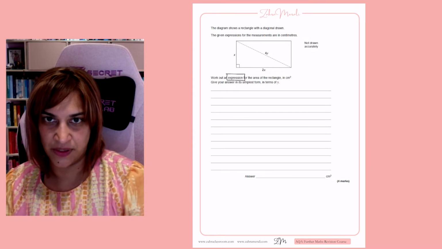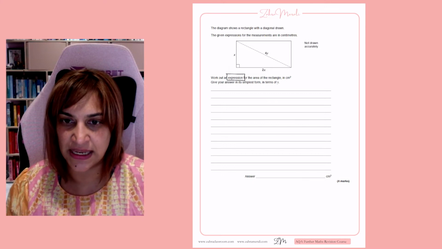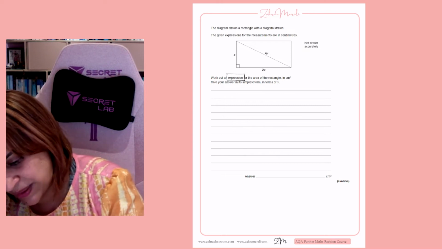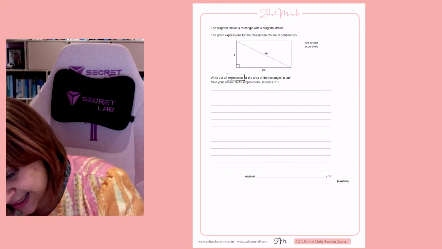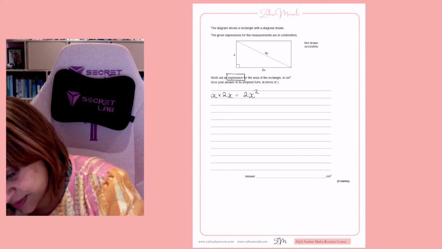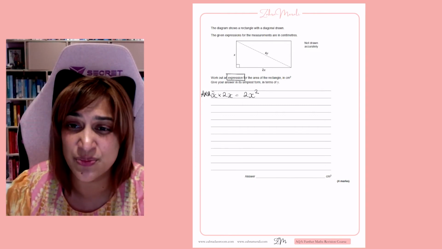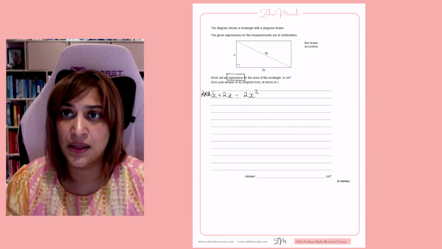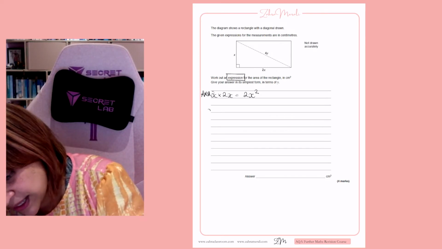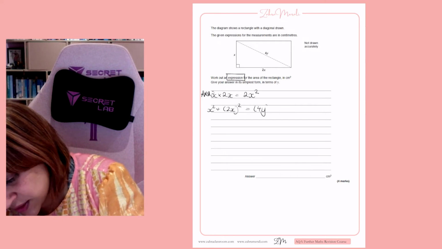Okay. So the first thing we're going to do is say the area of a rectangle is base times height. So we'll get x times 2x, which is 2x squared. It's the area. But we've got no y's there, and they want it in terms of y's. So we've got to ask, what's the connection between the three lines that we've got there? The connection between those lines is Pythagoras. So we've got x squared plus (2x) all squared equals (4y) squared.